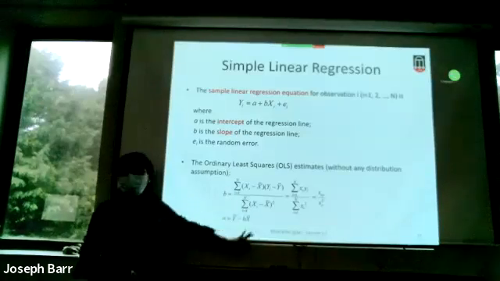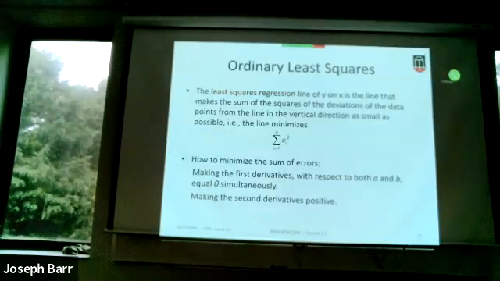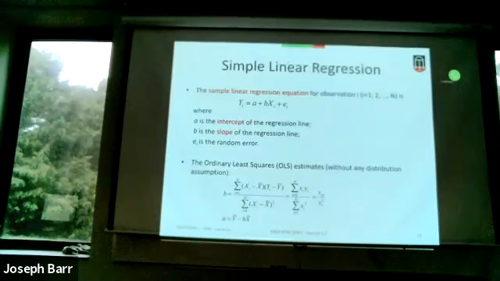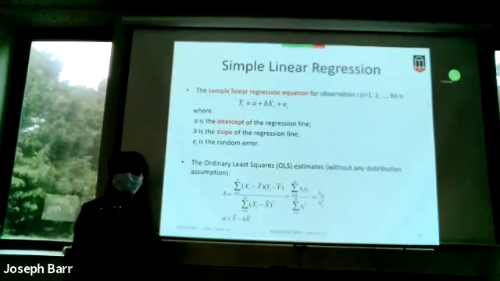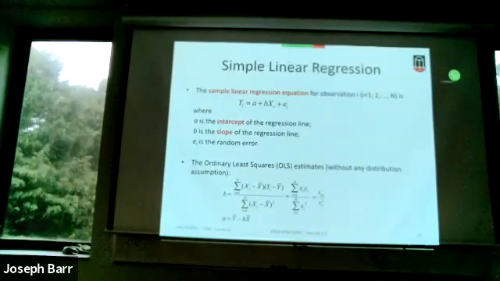These two estimates are obtained using the ordinary least squares estimation method. This method was invented by Gauss when he was 18 years old. He's a total genius.